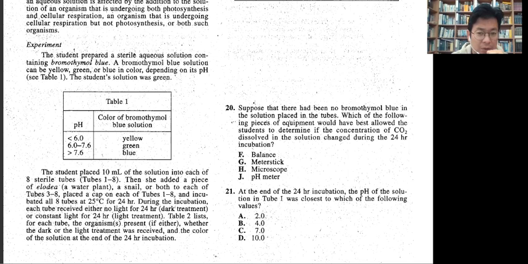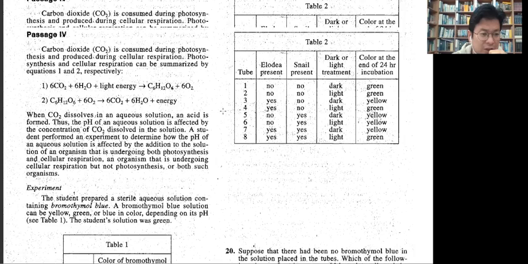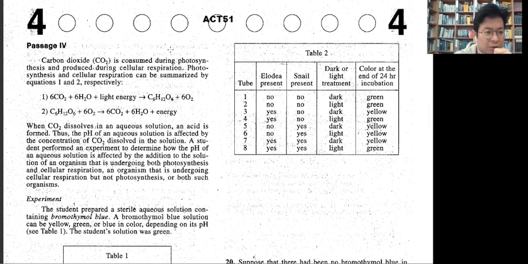Suppose that there had been no bromothymol blue in the solution placed in the tube. Which of the following pieces of equipment would have best allowed the students to determine if the concentration of CO2 dissolved in solution changed during the 24 hour incubation? I don't know what's going on, so I have to read through a little bit. Carbon dioxide is consumed during photosynthesis and produced during cellular respiration.